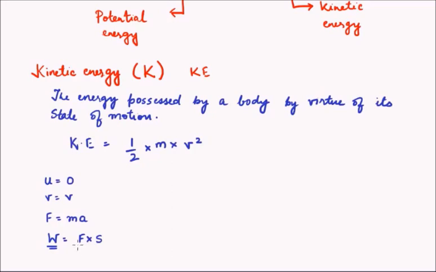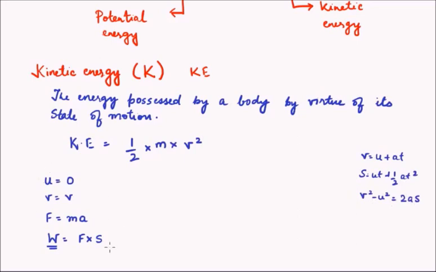We know that the force is mass times acceleration, so that is not a problem. We have the force, but to find the displacement we will use one of our equations of motion. What were the equations of motion? One was v = u + at, second was s = ut + half at squared, and we had v squared minus u squared = 2as.